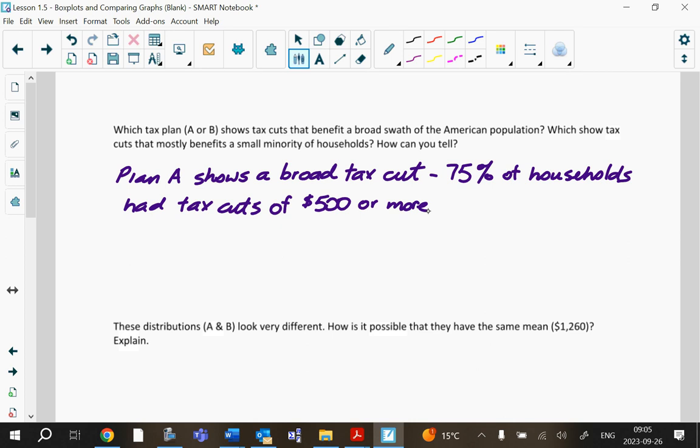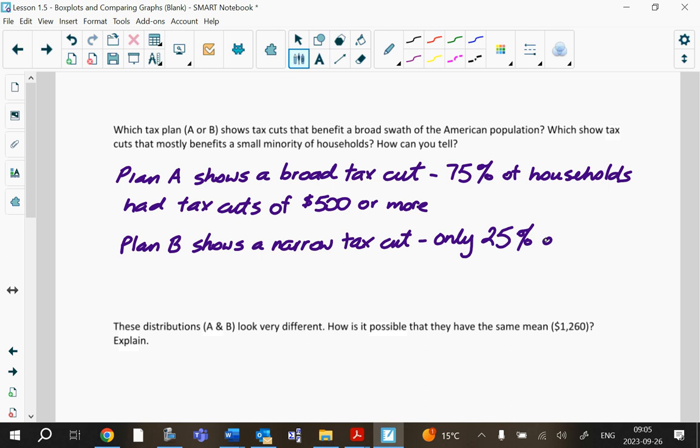Plan B shows a narrow tax cut because only 25% of households had tax cuts of 500 or more.